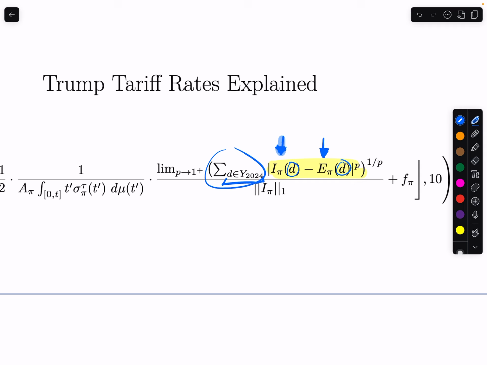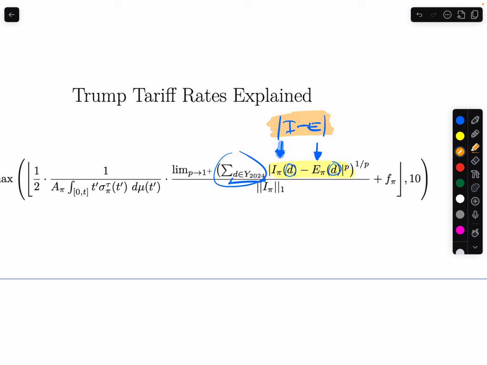Basically, that's just imports minus exports, and we take the absolute value of that. That's cool because this formula has an interesting feature, which is that if the exports to a country are greater than the imports, we're still going to have a tariff rate for you.